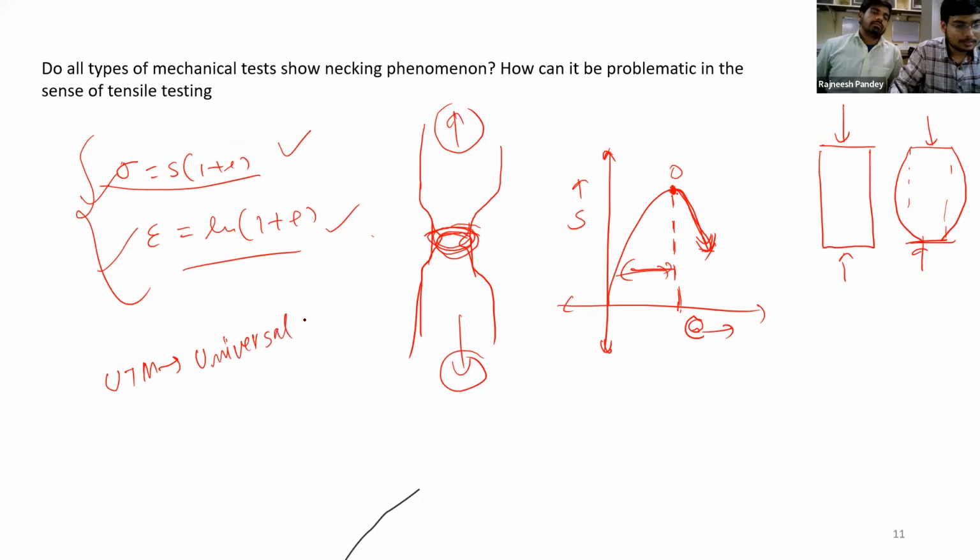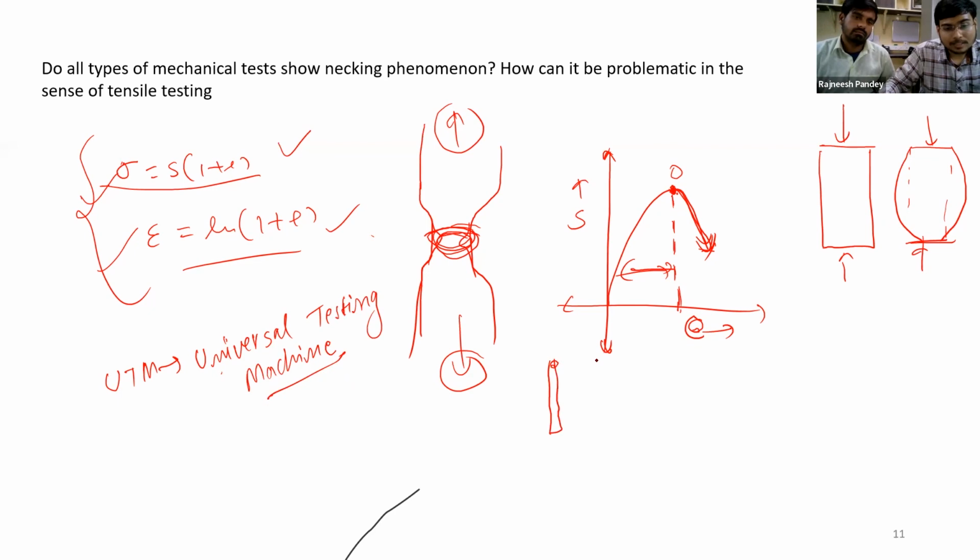This is different from a uniaxial testing machine. This universal testing machine has provisions for various types of tests. Actually, it is very similar to the uniaxial testing machine.